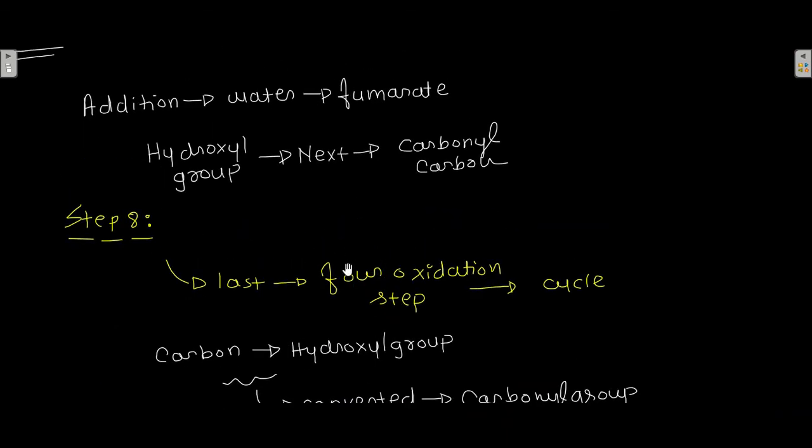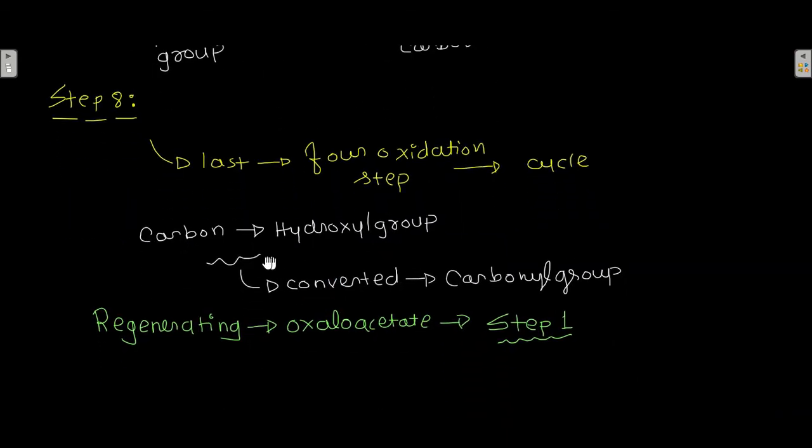So what happens is that in malate there is a carbon which is carrying the hydroxyl group. That carbon carrying the hydroxyl group is converted into a carbonyl group, and that is how malate is converted into oxaloacetate, and that is how the regeneration of oxaloacetate takes place in step 8. This is an oxidation step.